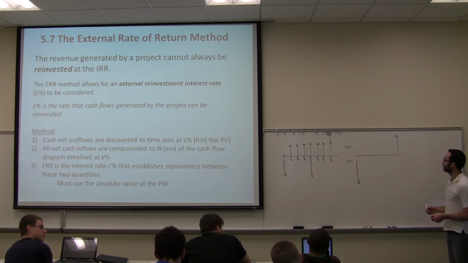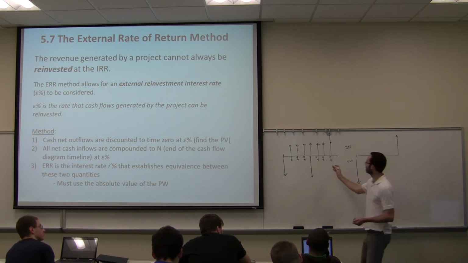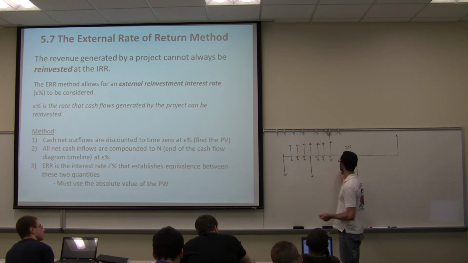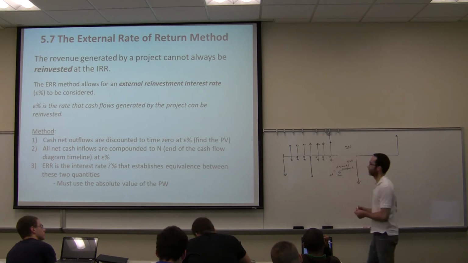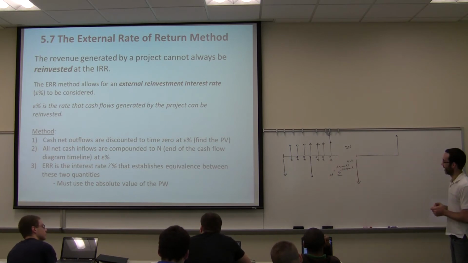and then we would do that at epsilon. So discount or compound at the external reinvestment rate.